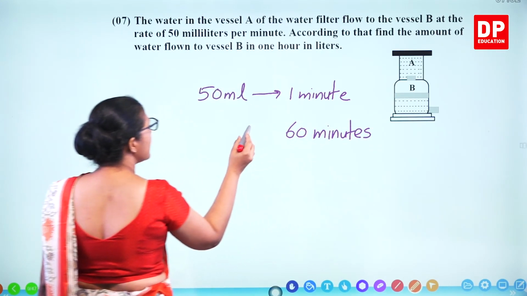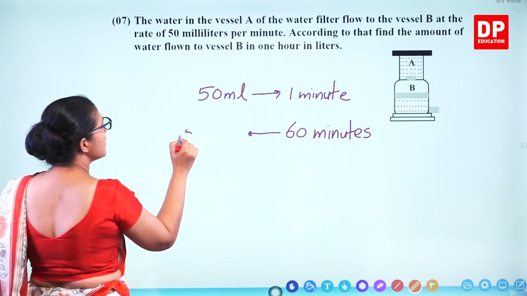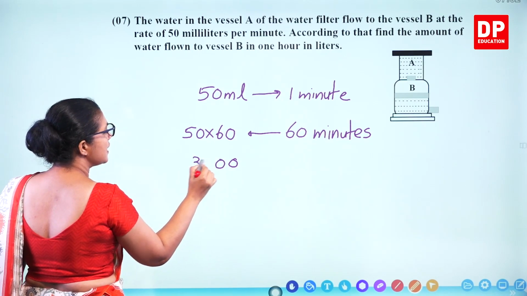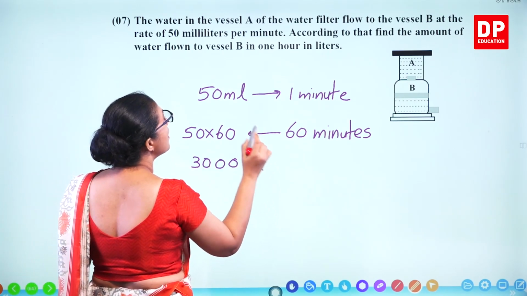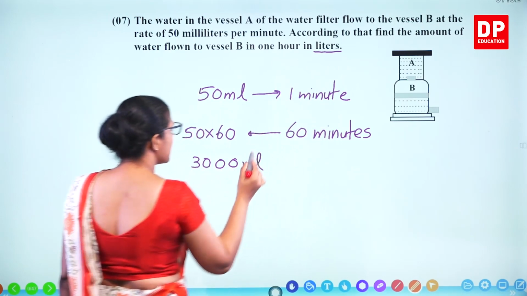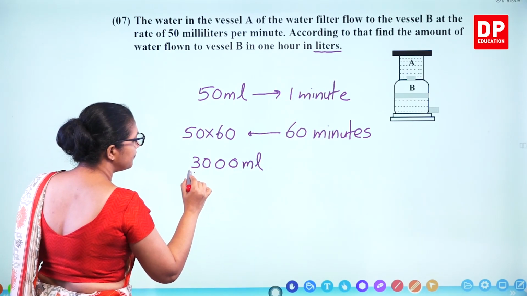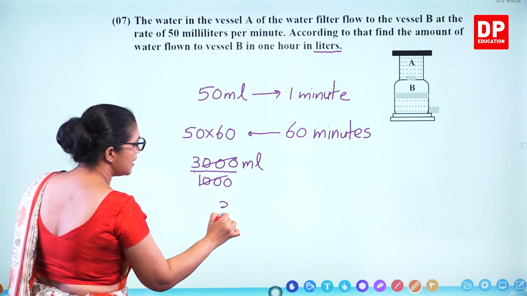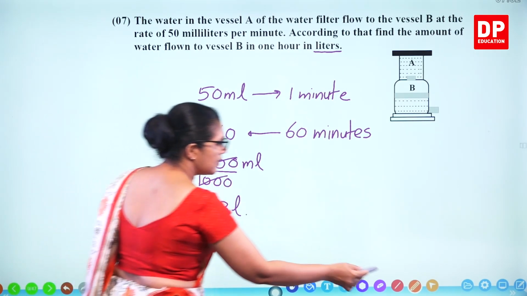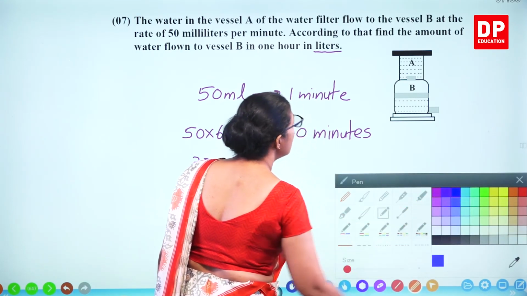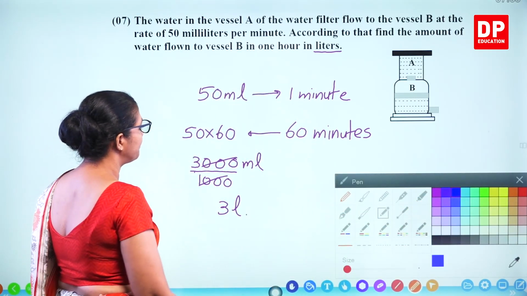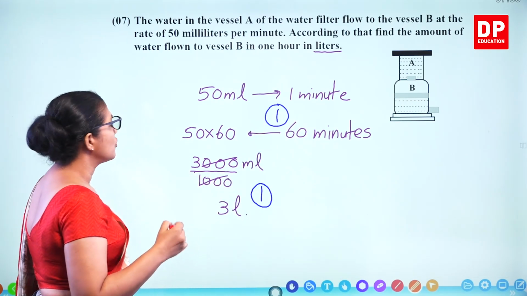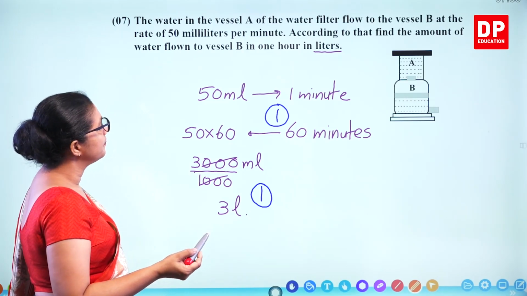So multiply this by 60. So you get 3000 milliliters, but they want in liters. Divide by 1000 and you get 3 liters. So 3 liters per 1 hour. So 1 mark and 1 mark just to multiply by 60.